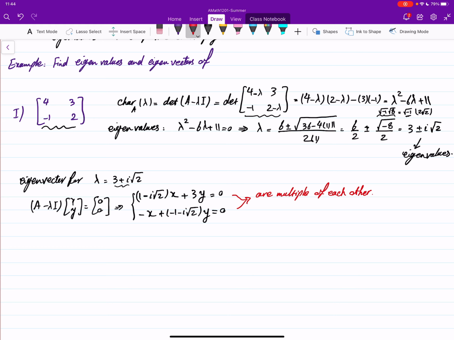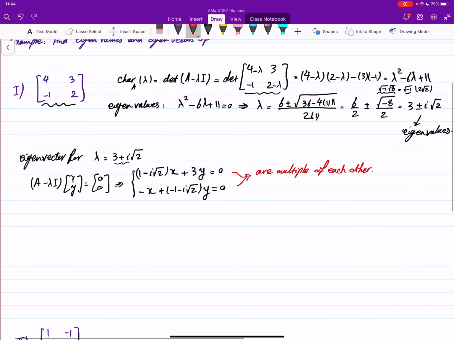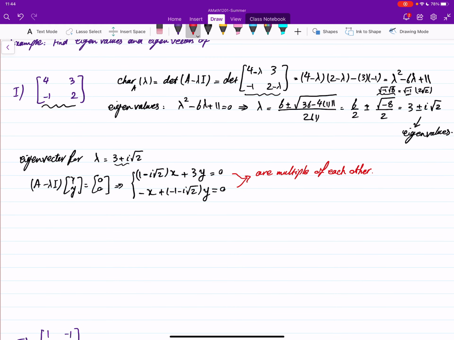But this is a nice algebra thing that you can do here. How do you see that? Well, if I multiply the first row by minus 1 minus i root 2, this is just showing you that this is a multiple of the other one.